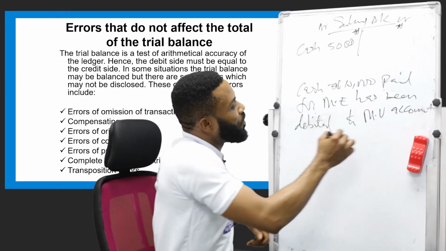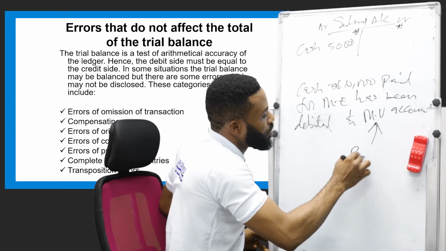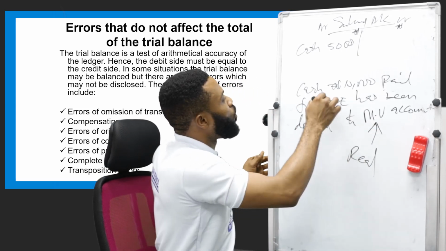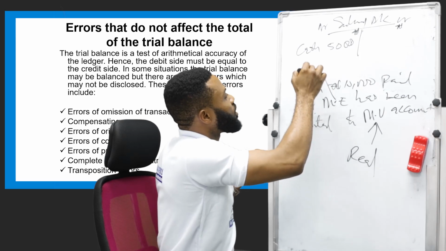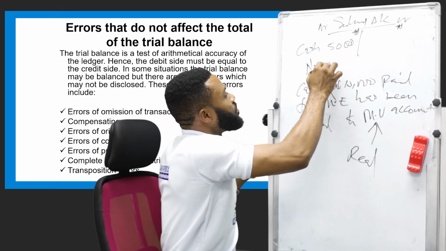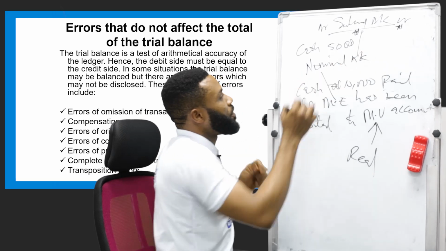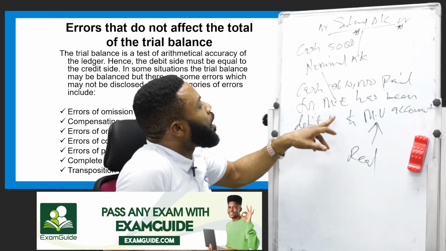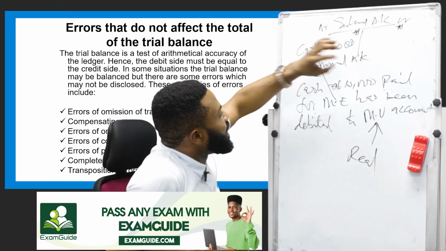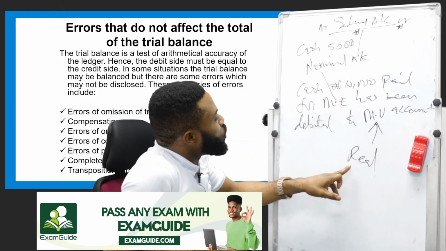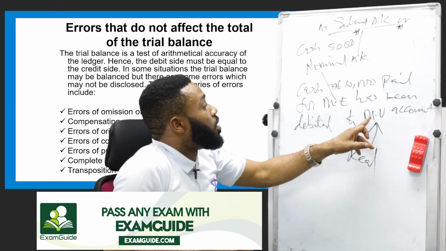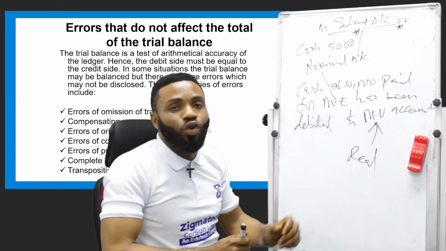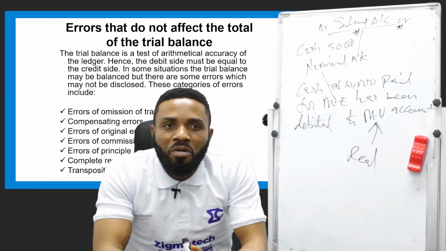Motor vehicle account is a real account. While motor expenses is a nominal account. This is an expense, while this is an asset. So if you now post this 10,000 that is meant for expense into a real account, into an asset account, you have committed the error of principle.